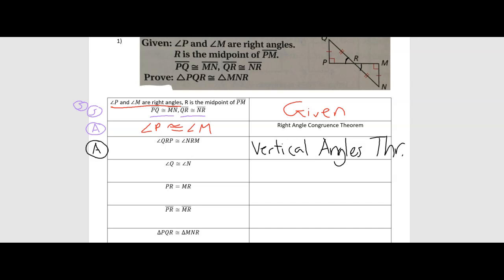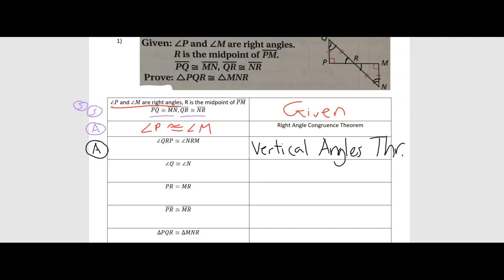Okay, that is going to count as another set of angles proved congruent. So we have 2 and 2. We need one of each. Now they're saying that angle Q is congruent to angle N. So these two angles up here. Well, you may think those could be alternate interior, maybe, right?